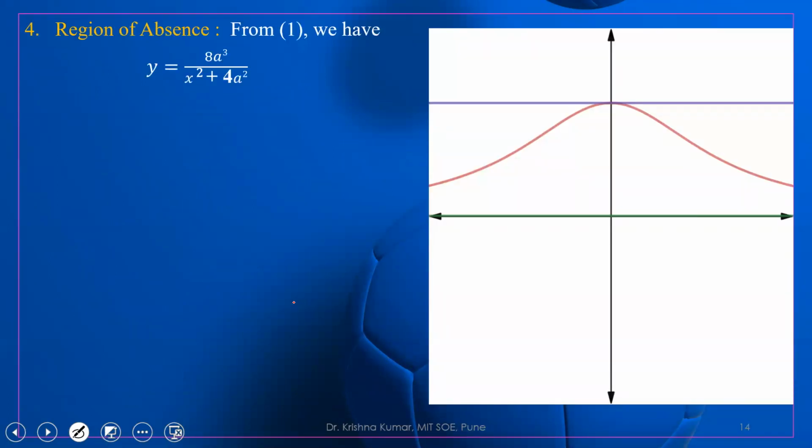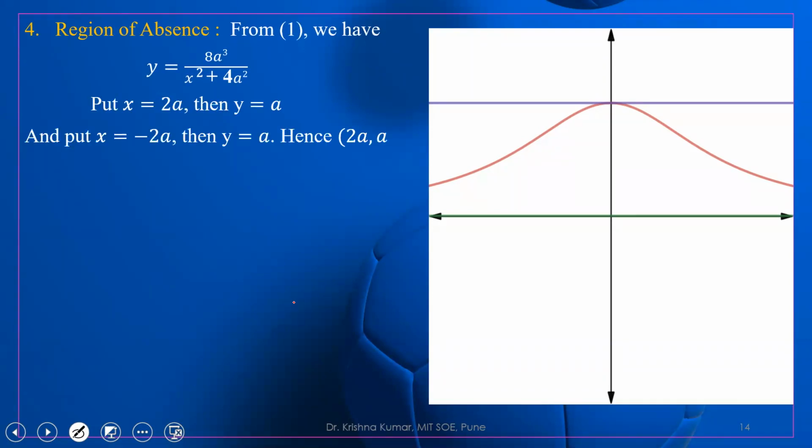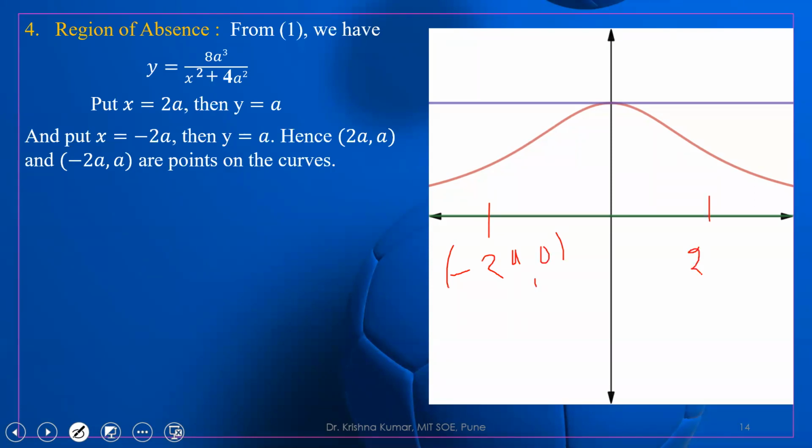Region of absence: we are able to find the value of y in this manner. X is equal to 2a, then the value of y is equal to a, and put x equal to minus 2a, then also y equal to a. So now these are 2 points we are getting: minus 2a, a and 2a, a.